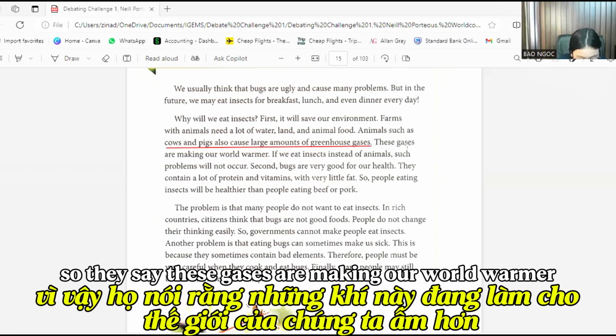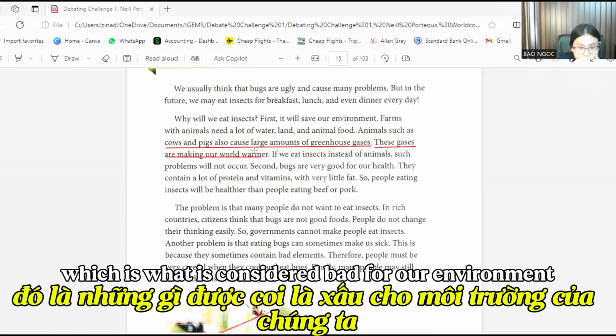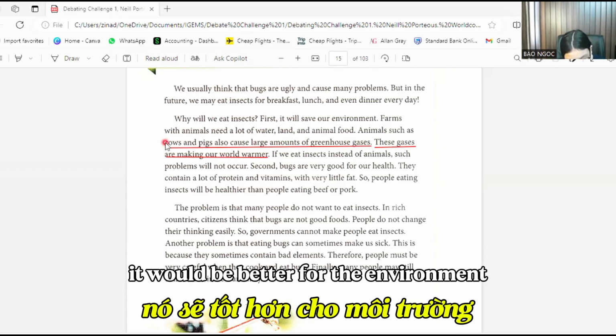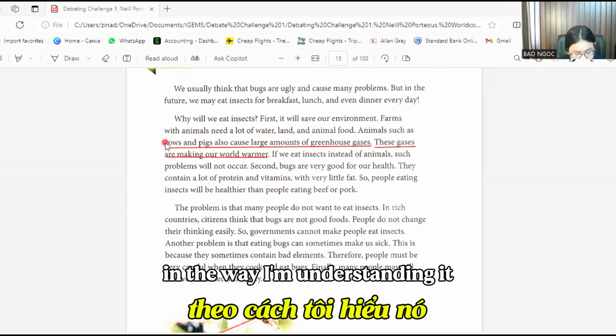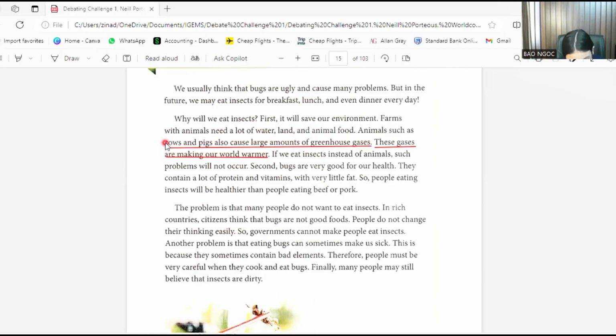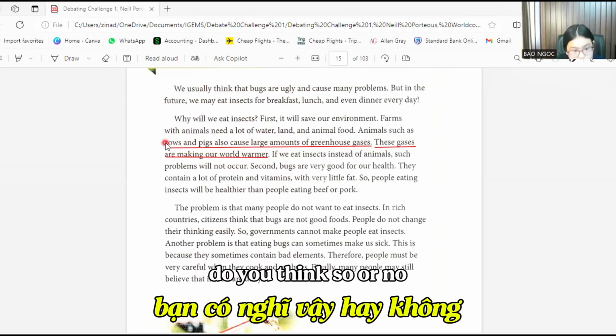So they say these gases are making our world warmer, which is considered bad for our environment. So they say if we stop eating the animals, it will be better for the environment. In the way I'm understanding it, they are saying that there would be less gases. Do you think so or no?